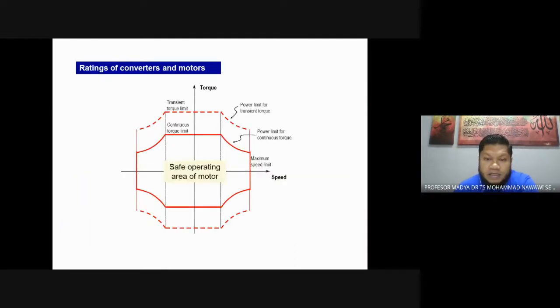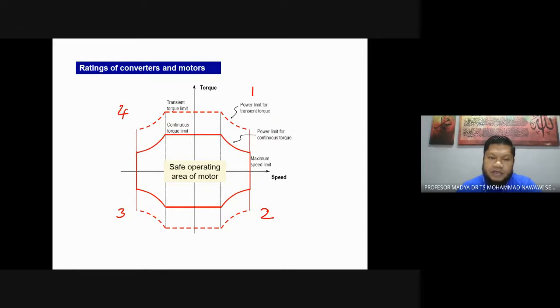Next, again, now you look at this torque speed characteristic. Before this we have omega against torque, but now you have torque against speed. It can be drawn in any direction. So we have quadrants 1, 2, 3, 4.